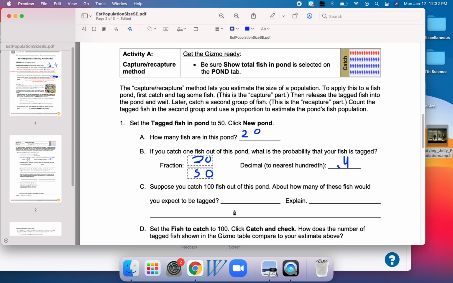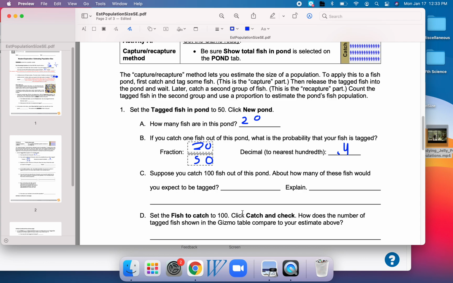Suppose you set the catch fish to 100. How many fish would you expect to be tagged? If we caught 20 tagged fish out of 50, I would just double it. I would say 40. Explain how we know.